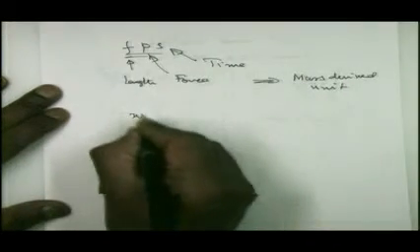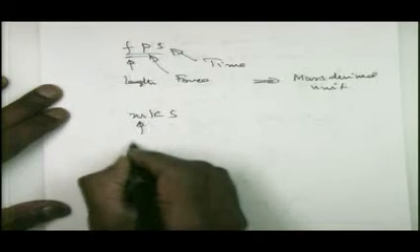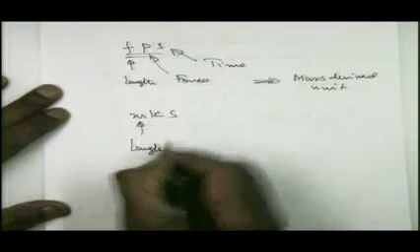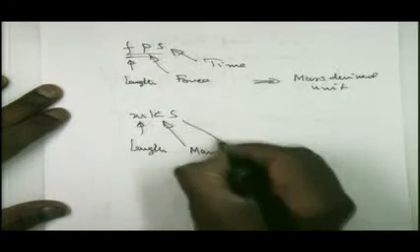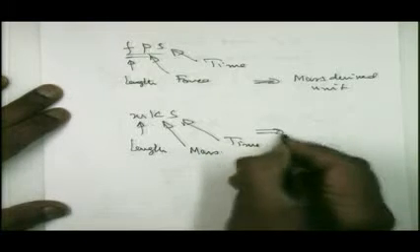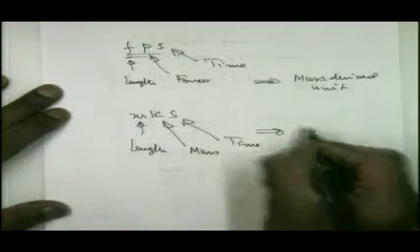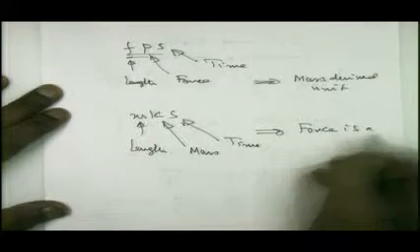In the MKS system, M is meter, which is length, K is kg, which is mass, S is second, time. Force is a derived unit.